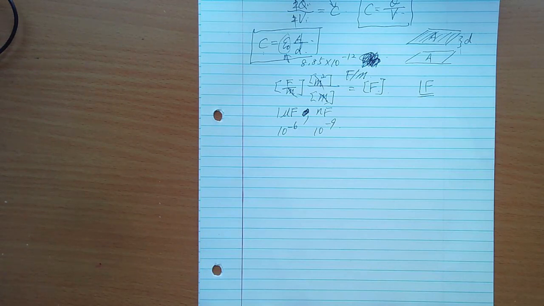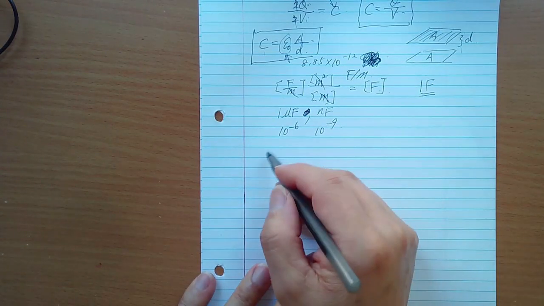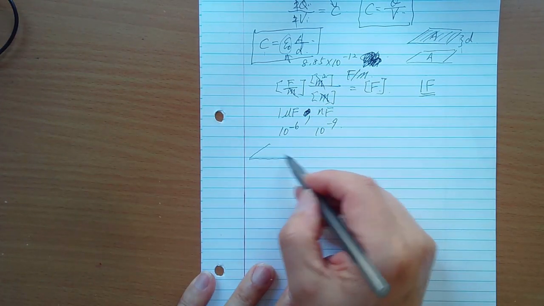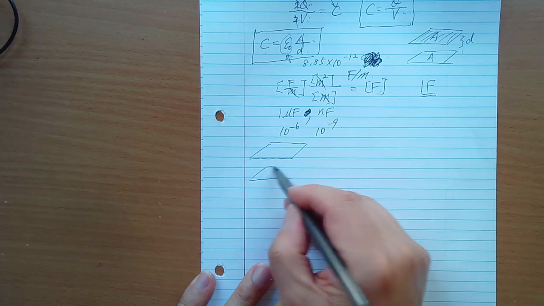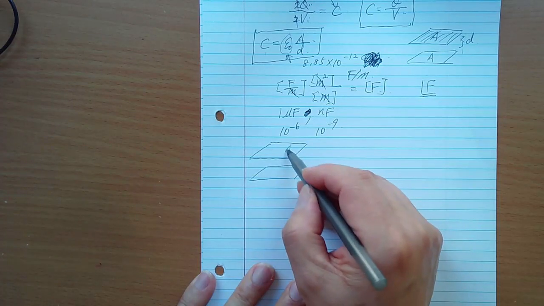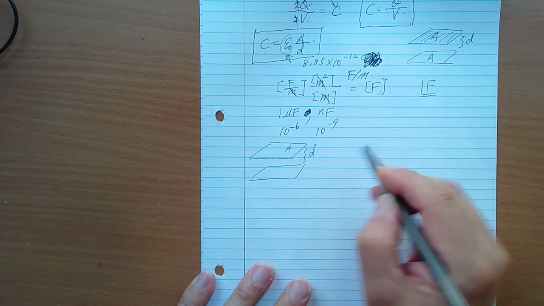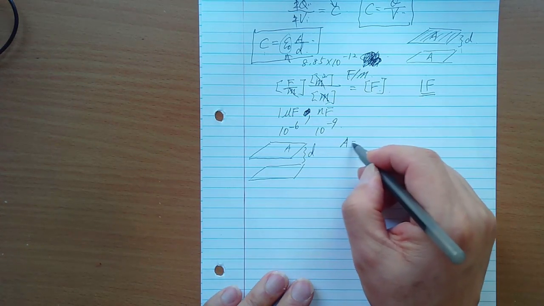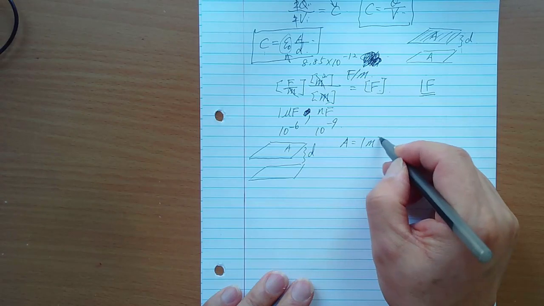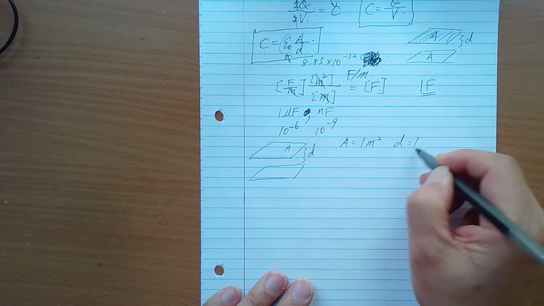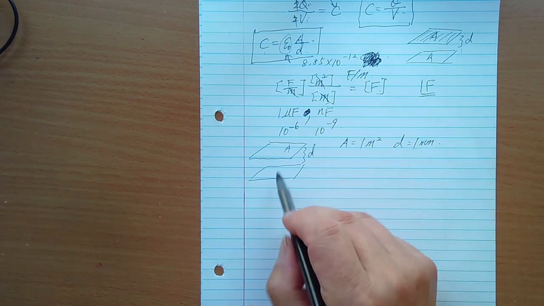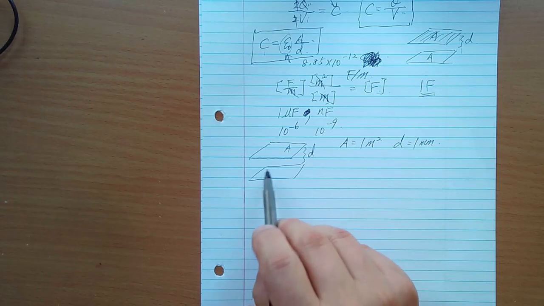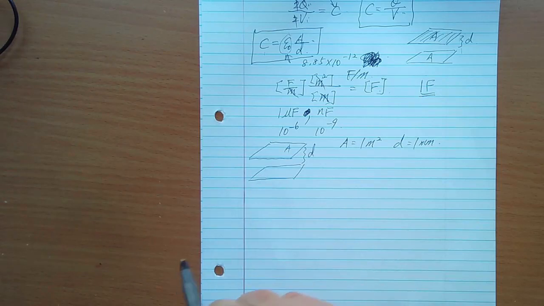Let's work on a specific problem. For instance, if we have a capacitor like that, and this is A, this is distance D. Let's say A is equal to 1 meter squared, and D is equal to 1 millimeter. What would be the capacitance of this specific capacitor?